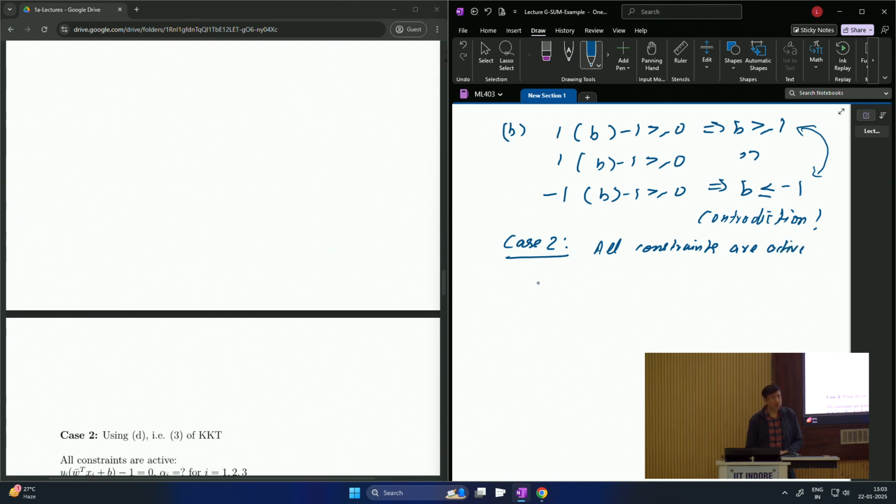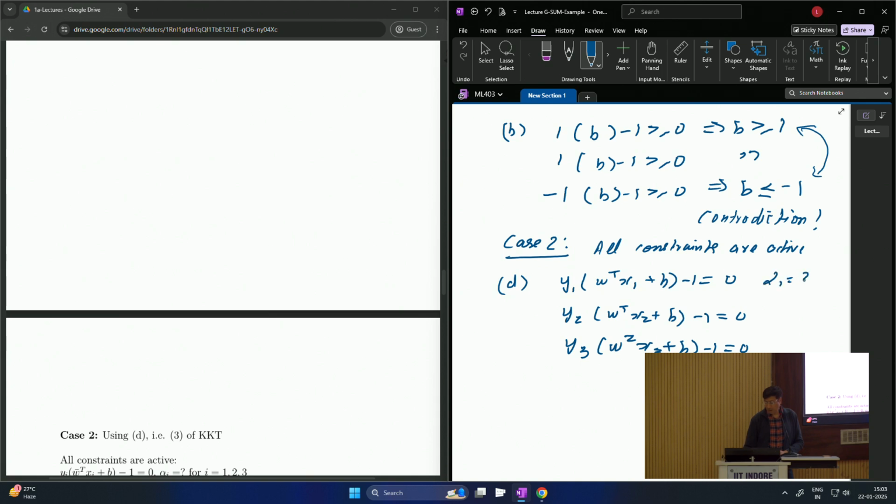When all constraints are active, from the D condition we would get that y1 (w transpose x1 plus b) minus 1 equal to 0, y2 (w transpose x2 plus b) minus 1 equal to 0, y3 (w transpose x3 plus b) minus 1 equal to 0.